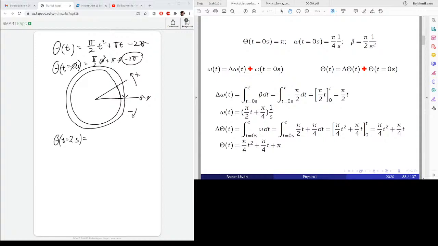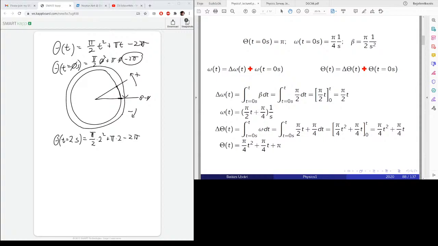Now I'm waiting 1 minute. Alright, so pi over 2 times 2 squared plus pi times 2 minus 2 pi.